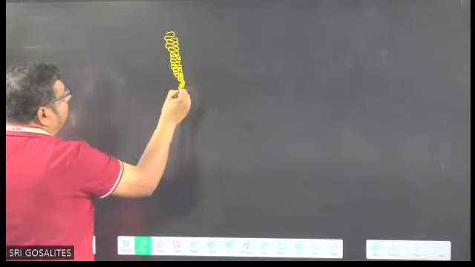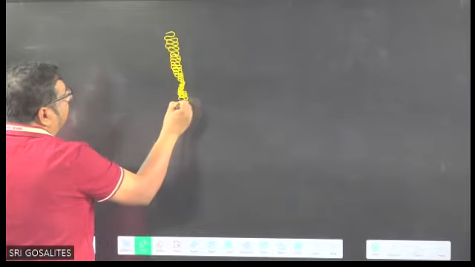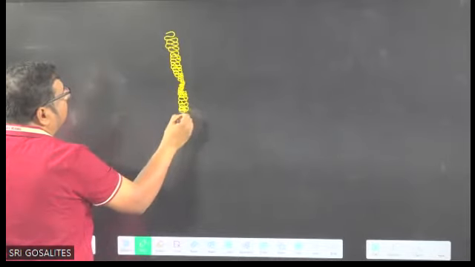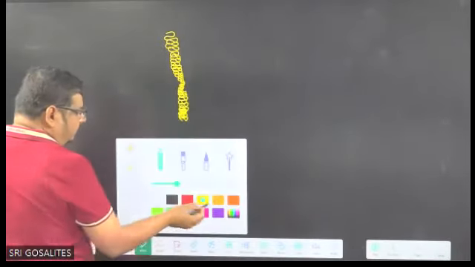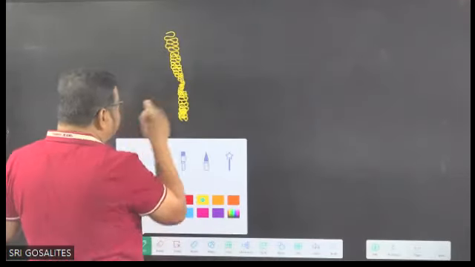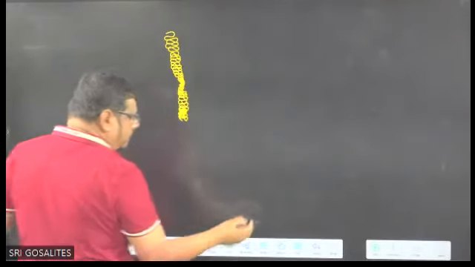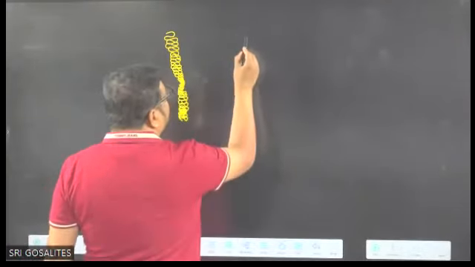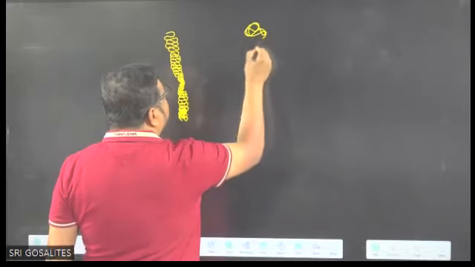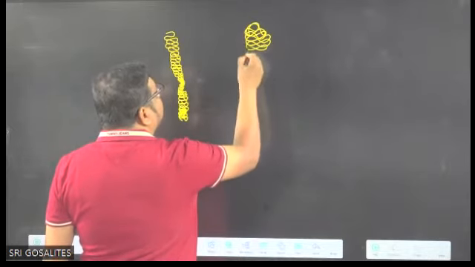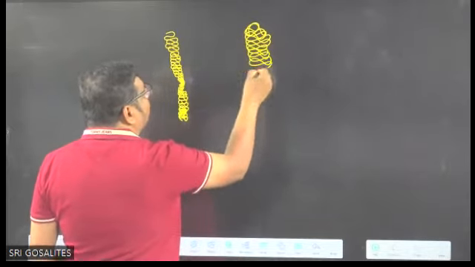Actually, a chromosome like this is what you study at your standard. This is a chromosome, and this is a particular point. I am just making it somewhat more amplified so you can understand it better. I am making it like this, more quiet.